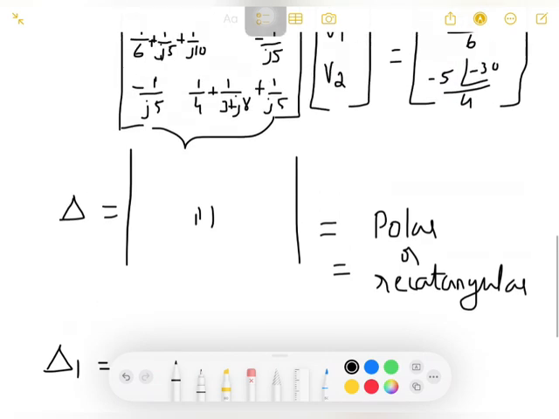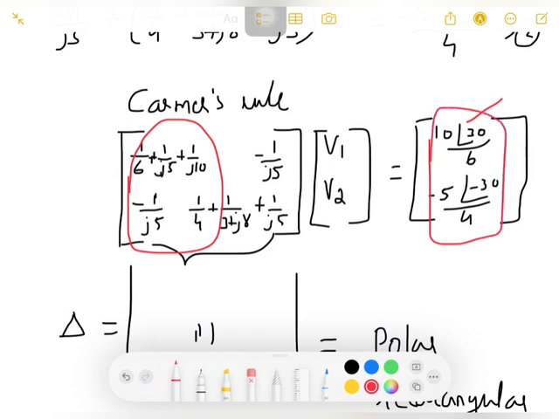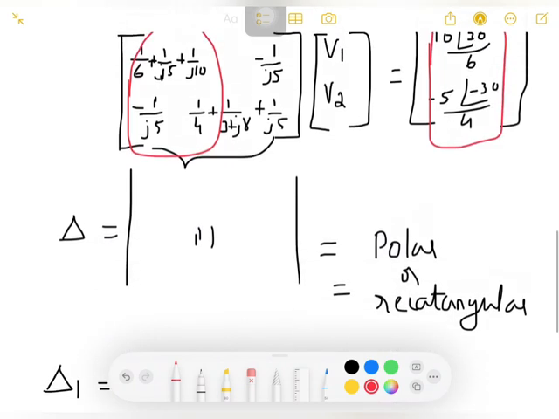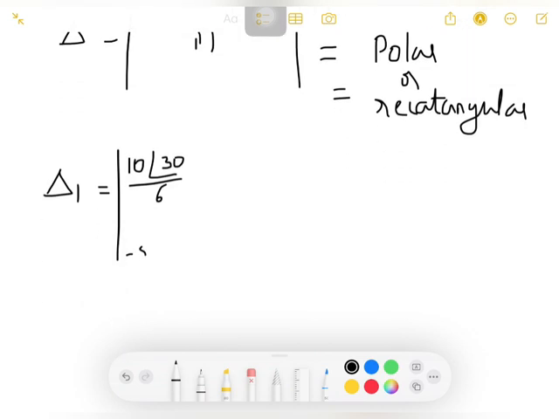How do you write delta 1? I will replace the first column with this column, and that will give my delta 1. It will be equal to 10 at an angle 30 divided by 6, and the other value minus 5 at an angle minus 30 divided by 4.